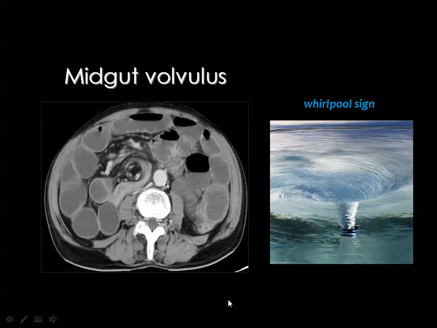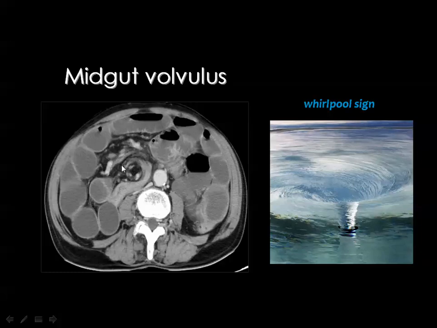The midgut volvulus is an easy diagnosis if you can see this particular sign, which is known as the whirlpool sign. And this sign is appreciated at the root of the mesentery, where you can see the superior mesenteric artery and vein.